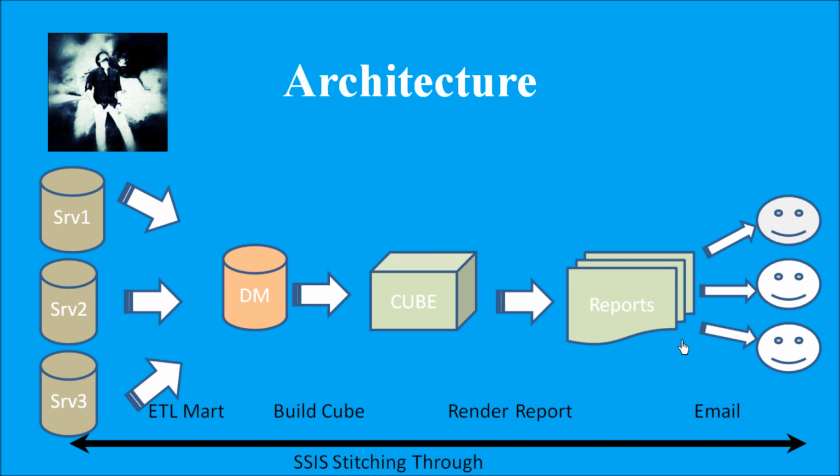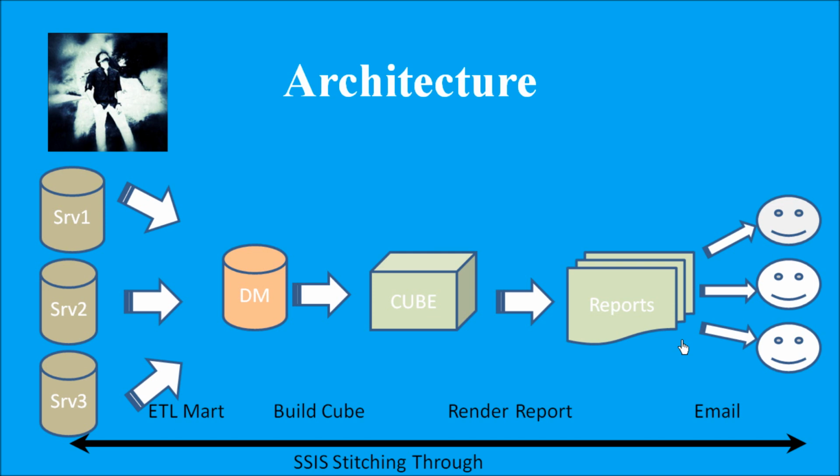This is an OLAP server, which means there are dimension and fact tables, modeled accordingly. On top of this dimensional model, we build a cube, and from the cube the reports are generated, and then an email is sent to your manager, or whichever recipients wish to get the emails.